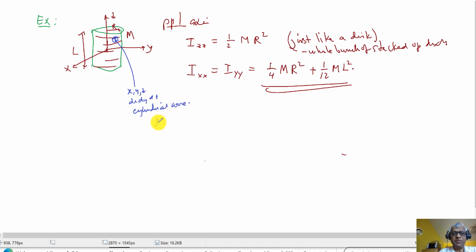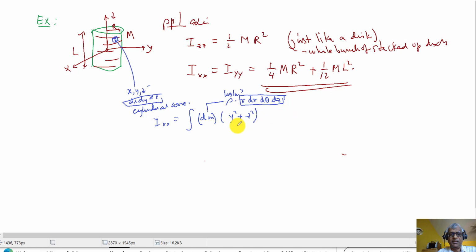So if you want I xx, what will it be? It will be the integral of dm times y square plus z square. What's dm? dm will be rho, this time kilogram per meter cubed, times r dr d theta dz, which replaces this volume.